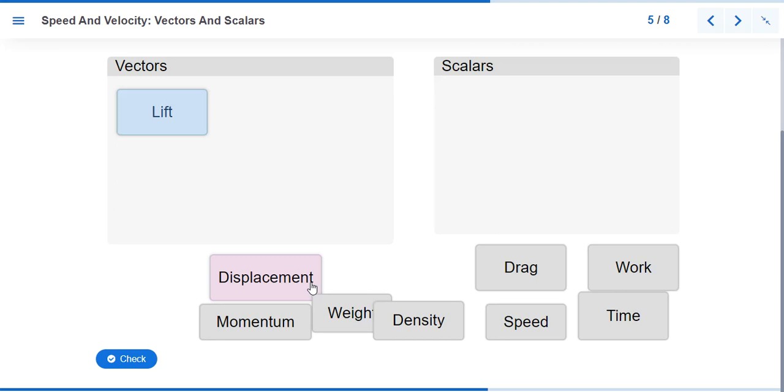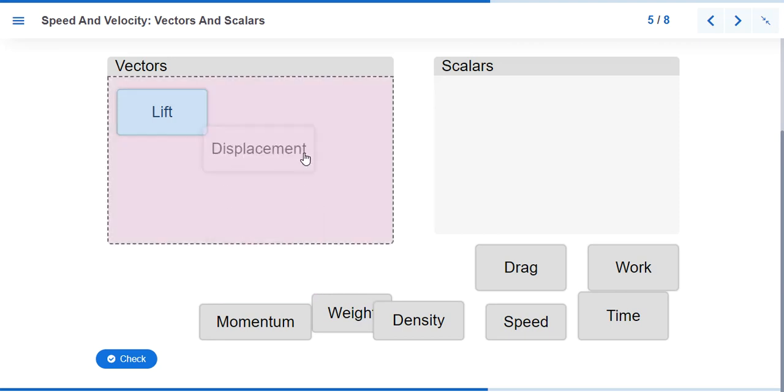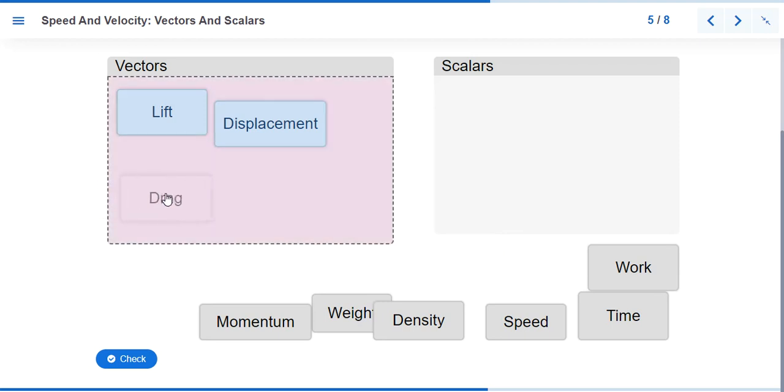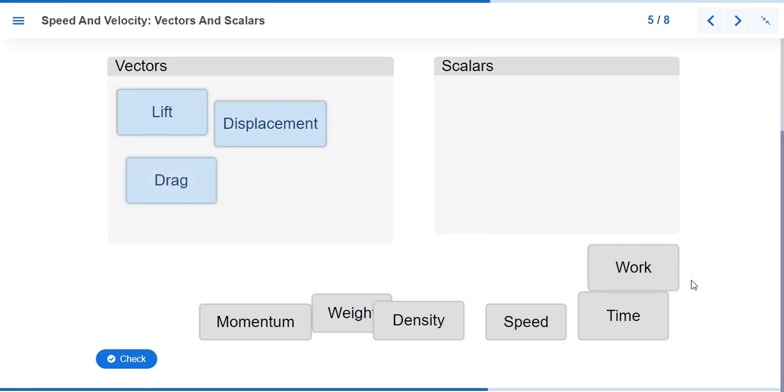Does it have a specific direction? Let's see. How about drag? For instance, if a plane is moving in the air, let's also see. How about work? Work is a scalar quantity. Can that be true? Let's also see.